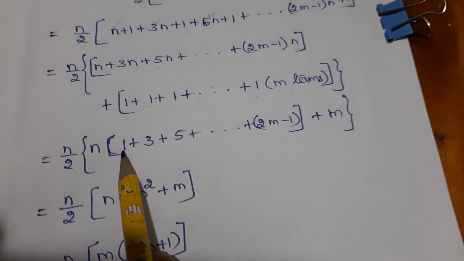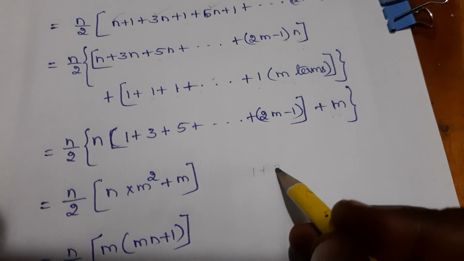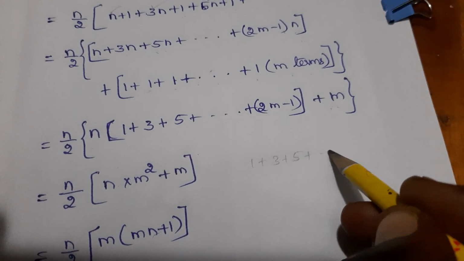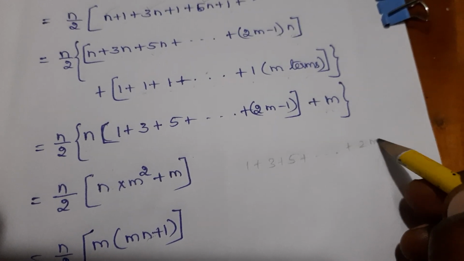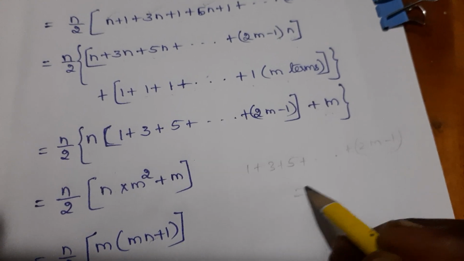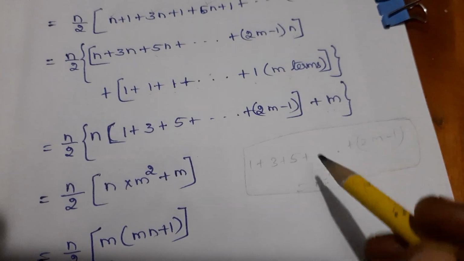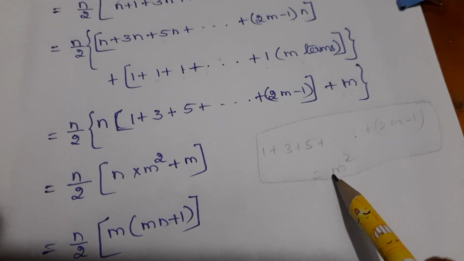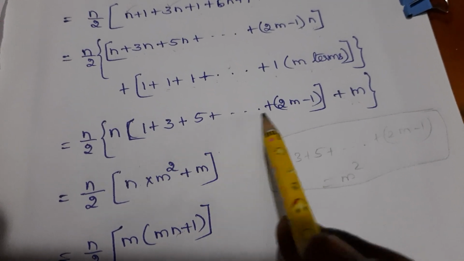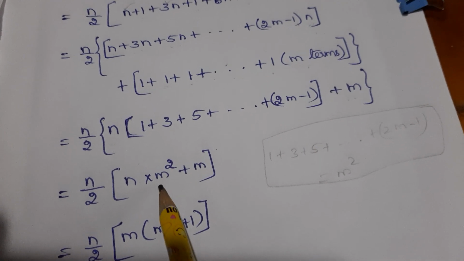We have a formula: 1 plus 3 plus 5 plus etc. plus (2m minus 1) is equal to m square. It is a formula you will study later. So using this formula we can write this bracket value is m square.